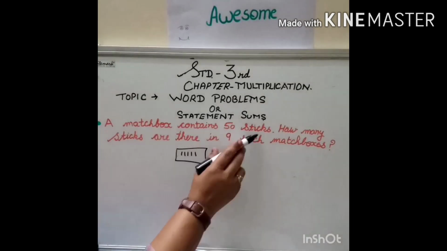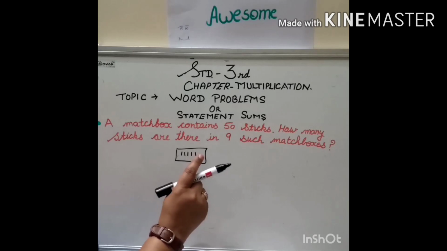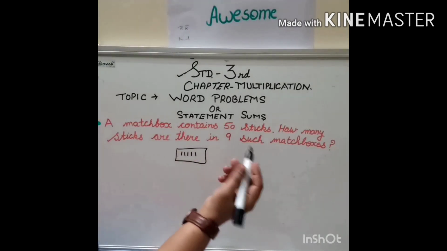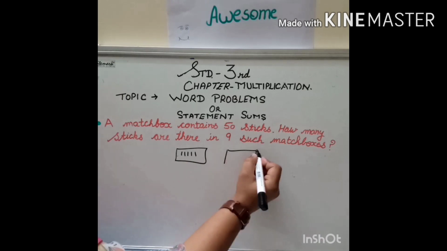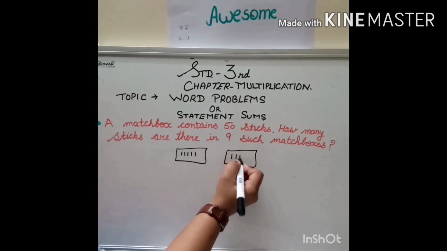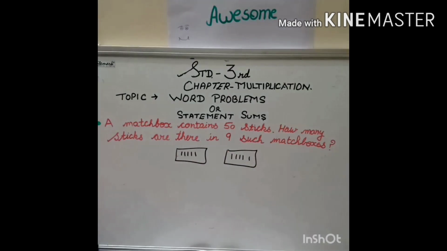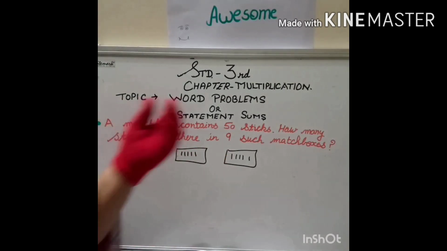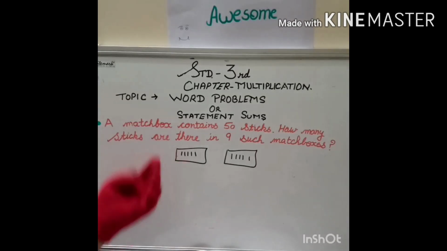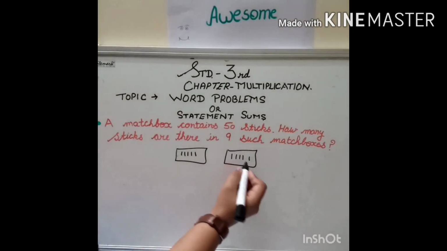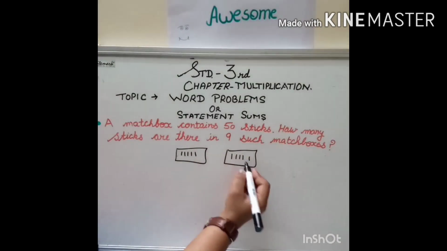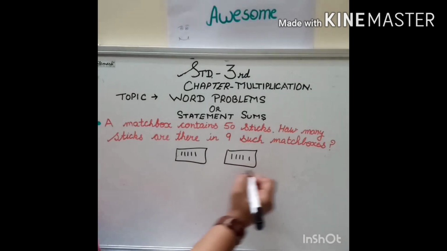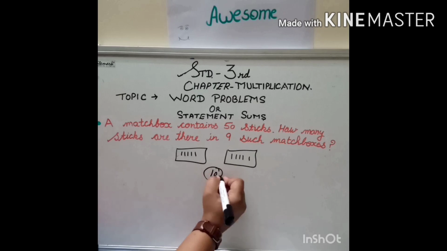Now if the question is how many sticks are there in 2 boxes, we have taken one more box. Here are 5 sticks. Now children, you know the answer. In one box there are 5 sticks, in 2 boxes there are 5 sticks each. There are 2 boxes, and how many total sticks are there? We know the answer, that is 10.